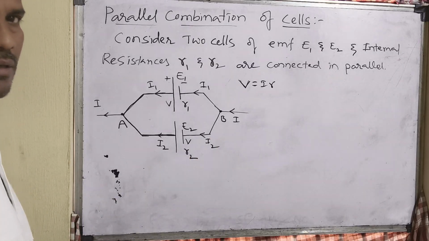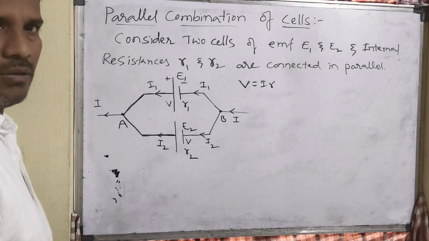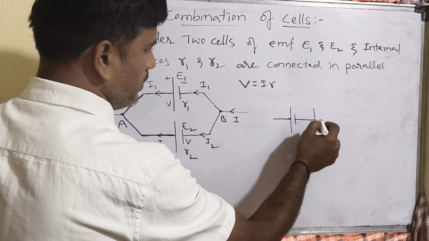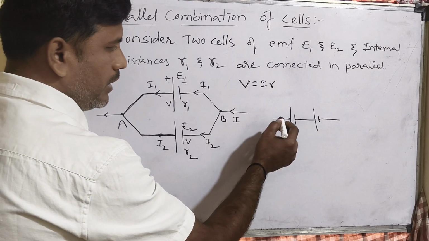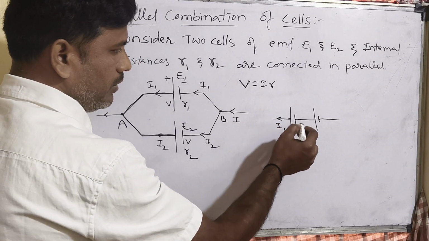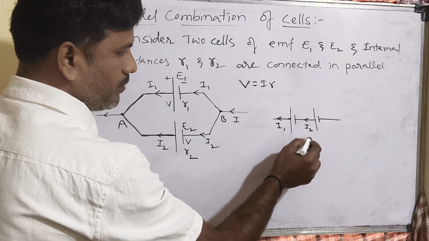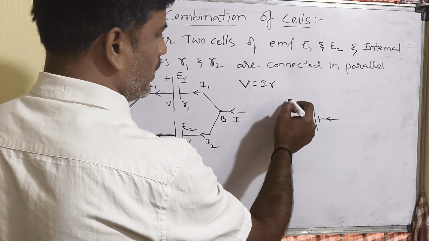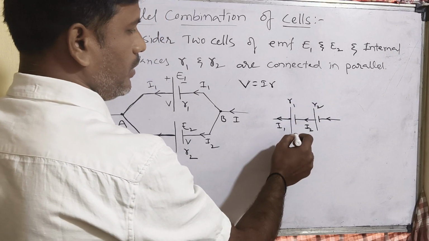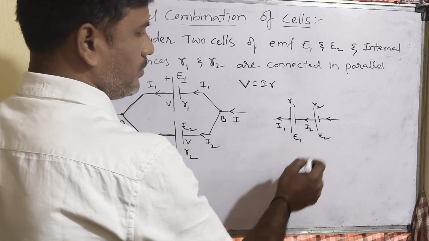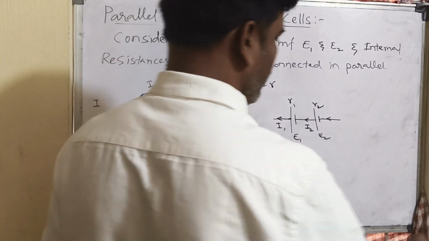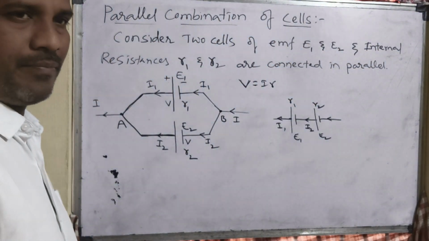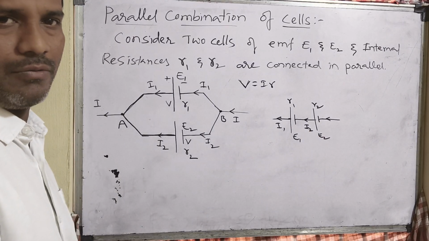But in a series combination, what is constant? Let us revise. In series, current passes through the first cell as I1 and through the second cell as I2. Which one is constant here? Not the potential difference. Why?